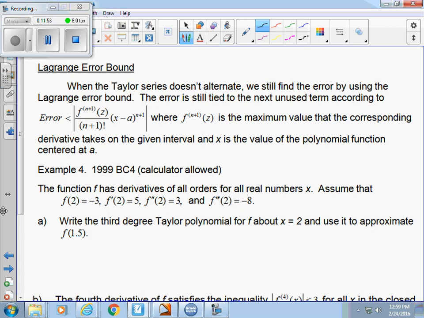So we'll have to talk about how to find that. We are going to be looking for a safe bound. It doesn't have to be the lowest bound on that derivative. x is the value of the polynomial function centered at a. And we will do an example, of course.